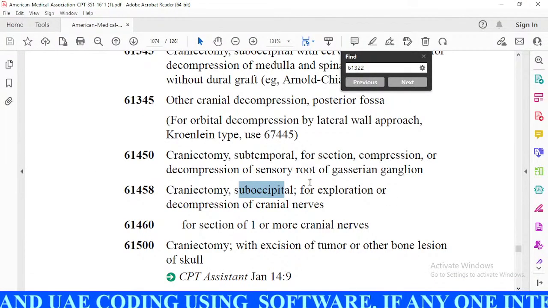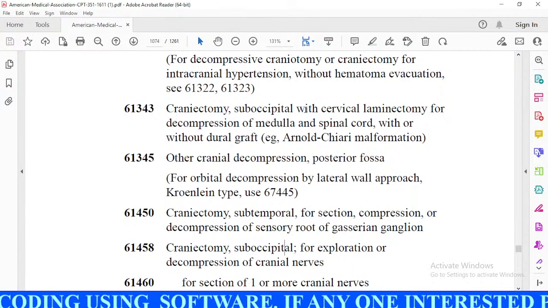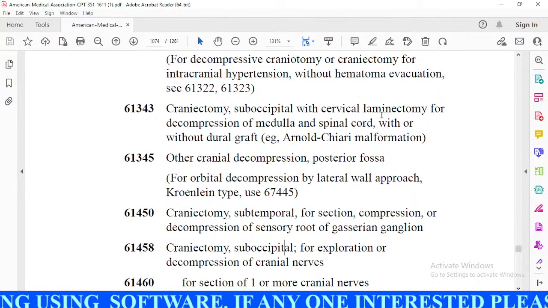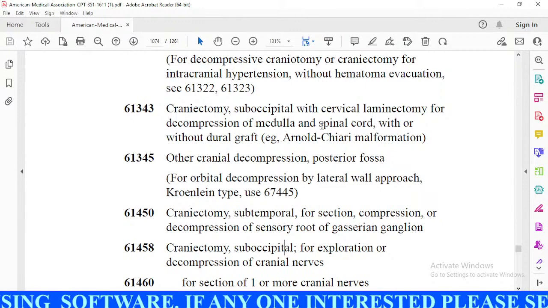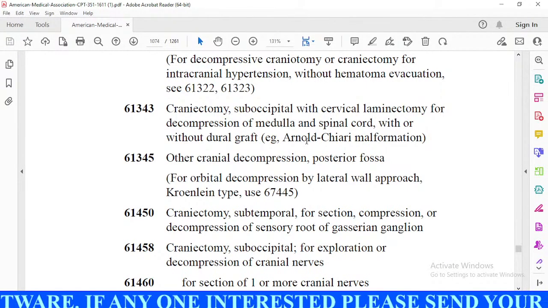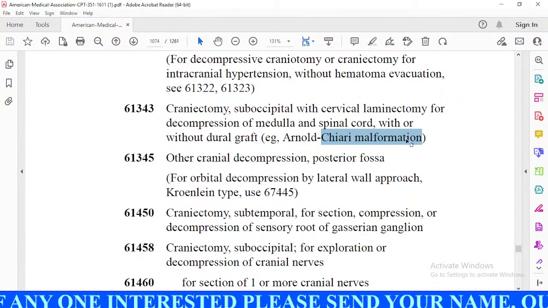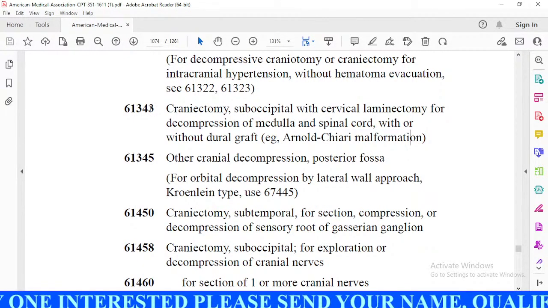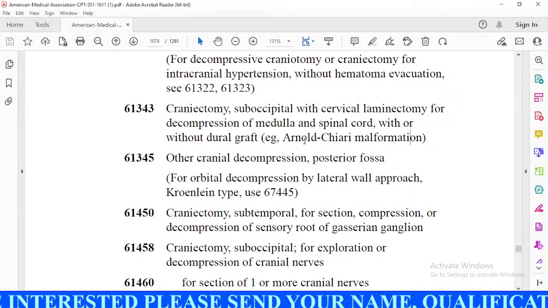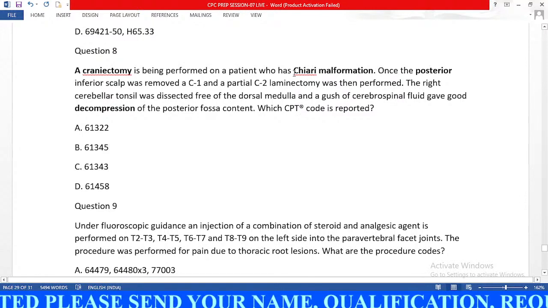So we will check 61343: craniectomy, suboccipital, with cervical laminectomy for decompression of medulla and spinal cord, with or without dural graft. If you see here, based on our diagnosis also, we can identify the CPT code. 61343 is for Chiari malformation, and our patient has Chiari malformation.